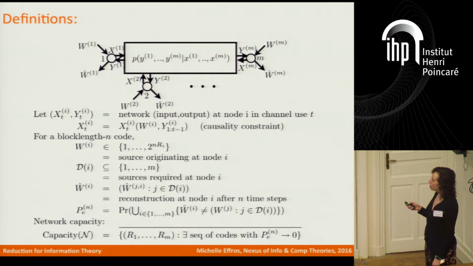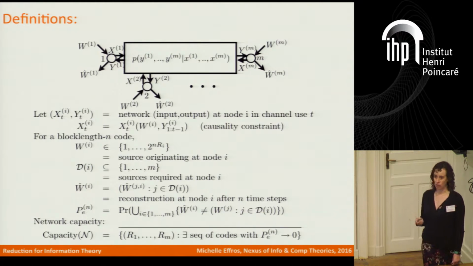He can use that information in deciding what to communicate at time t, as well as anything he's learned from the network over the previous t-1 time steps. So this gives us a causality constraint that says that node i at time t can only use outputs from the channel that come at times 1 through t-1, not whatever is going to come out at the same time t as he transmits this value, nor certainly what will come out in future time steps.